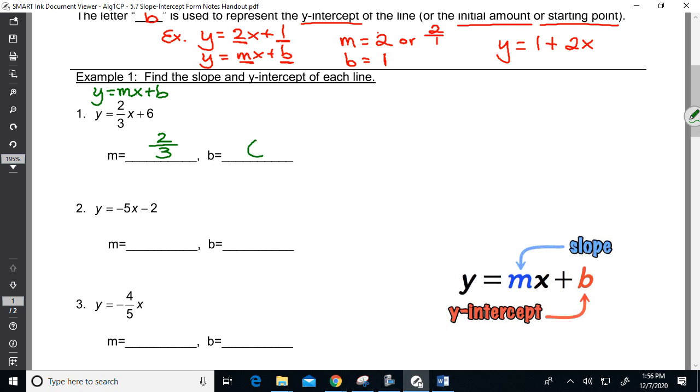There you go. The slope is 2/3. The y-intercept is 6. That's all the problem asks you to do.